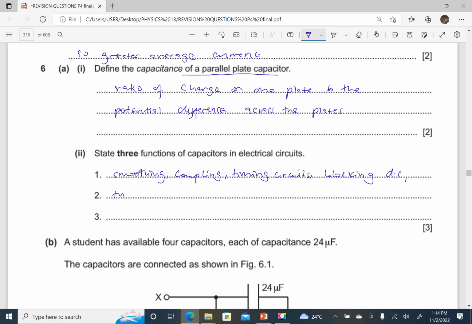They are used in tuning circuits, like for TVs and radios. They are used as temporary power supply. Capacitors are used for storing energy. They are used to prevent arcing or to prevent sparks.